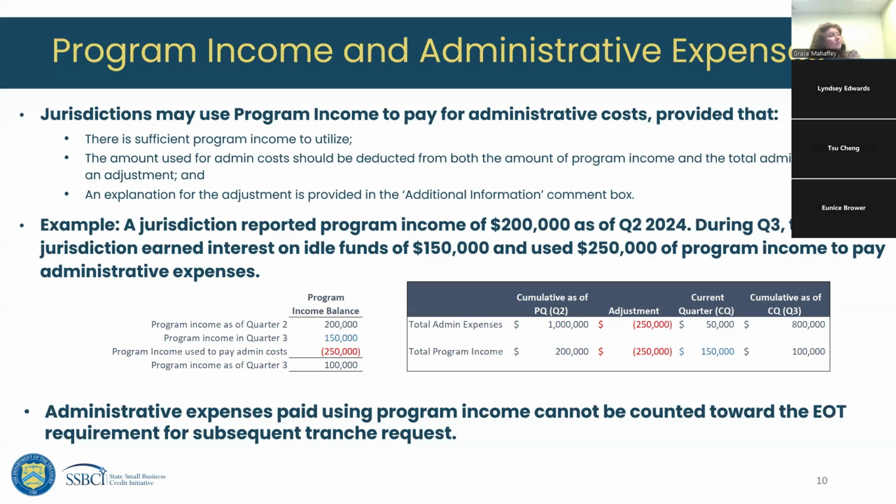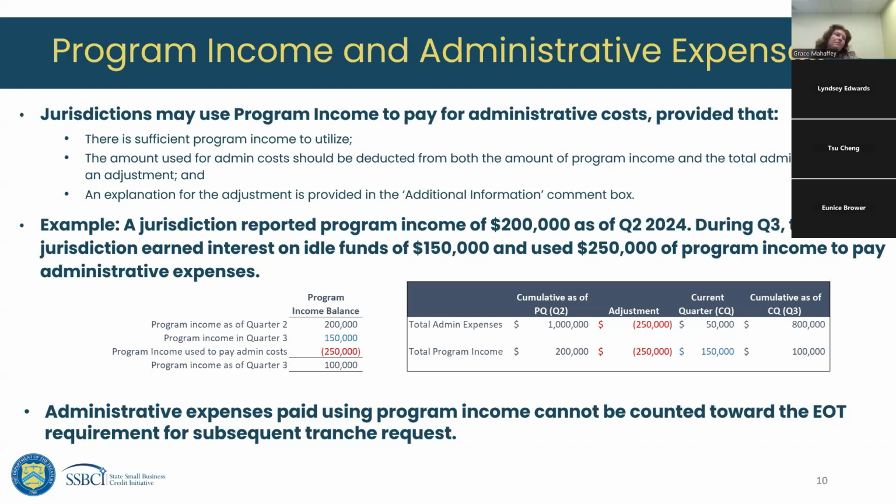If you decide to use program income to pay administrative expenses, the amount used for admin costs should be deducted from both the program income and admin expenses lines via an adjustment on the quarterly report. I will walk through an example of this.